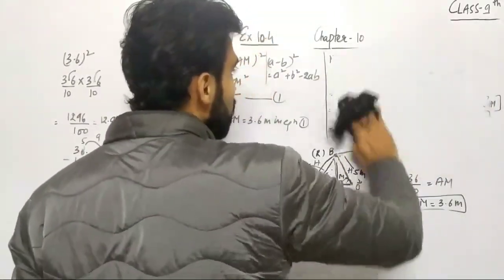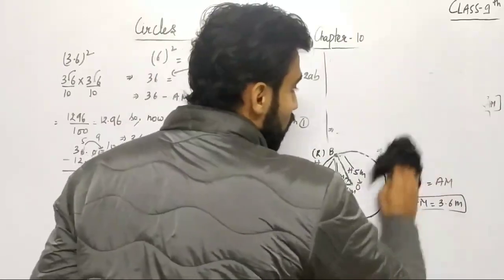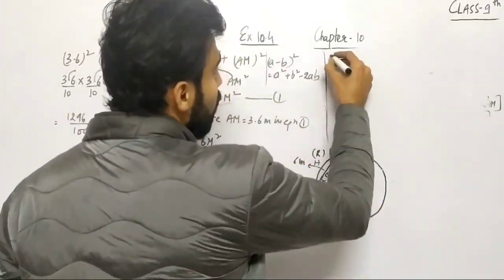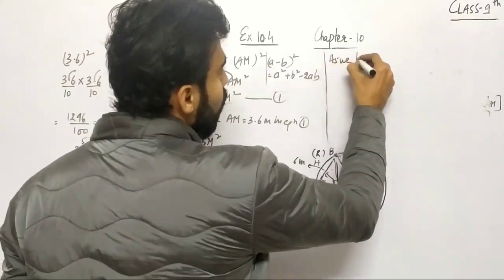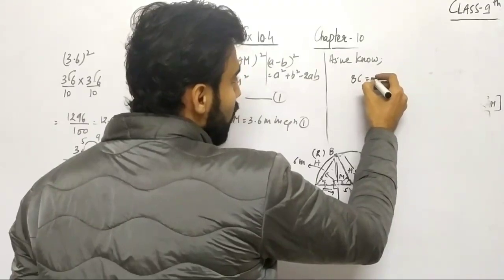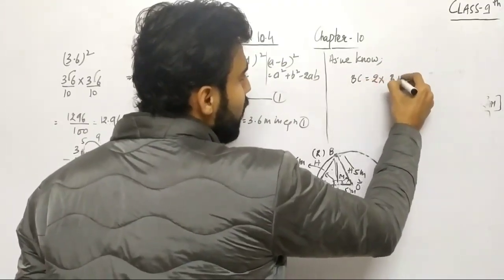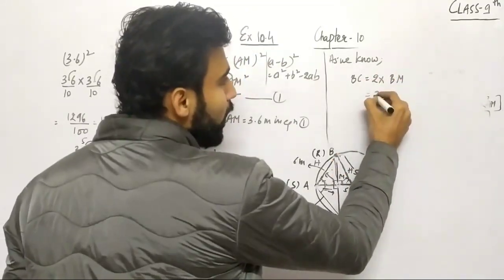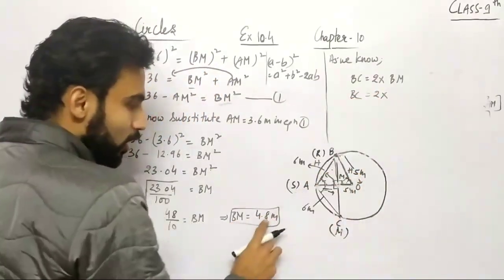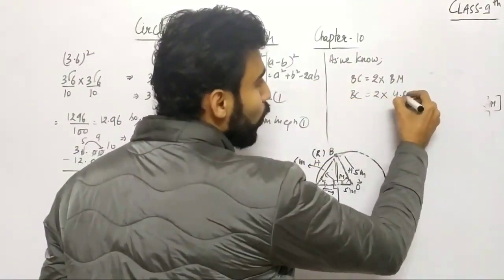Let me first rub this. So now you can see here, as we know that BC is equal to 2 into BM, right? So यानी कि twice of BM, यानी कि आप देख सकते हैं यहाँ पे हमने BM कितना निकाला, that is 4.8. So यहाँ पे रख देता हूँ मैं 4.8.